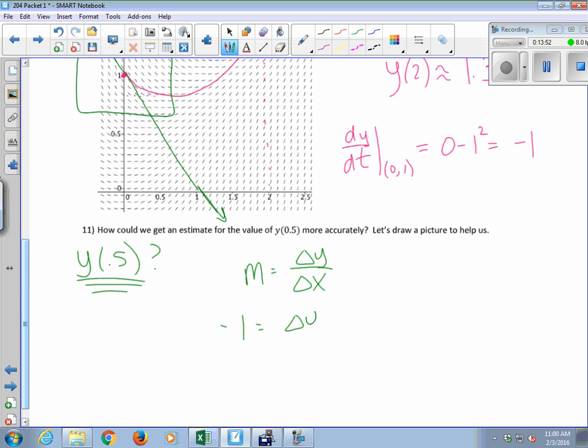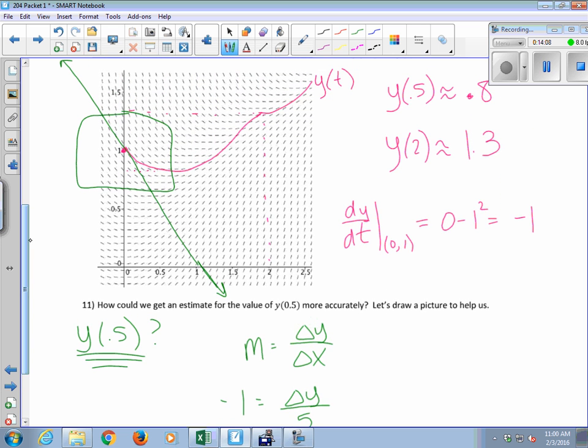What I'd like to know is my change in y. Okay, so my change in y ends up being negative 0.5. So if I were to draw this in my picture here, erase this box.